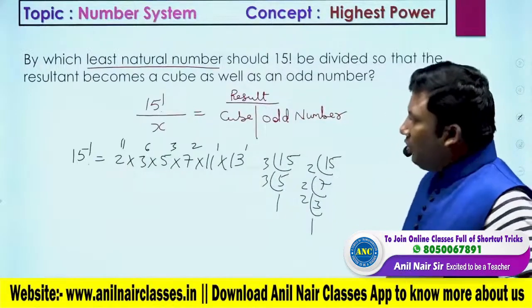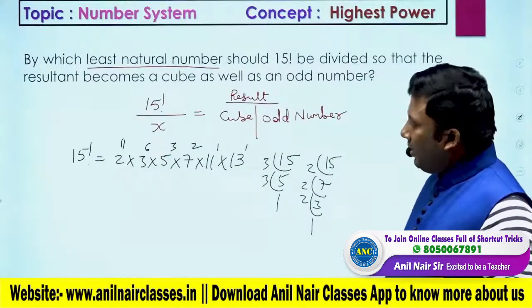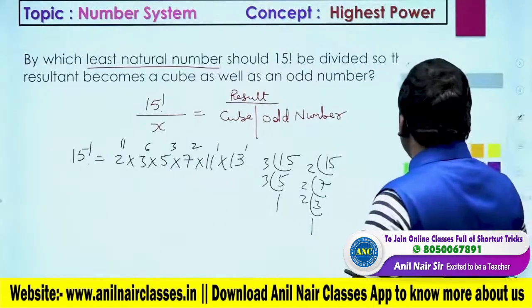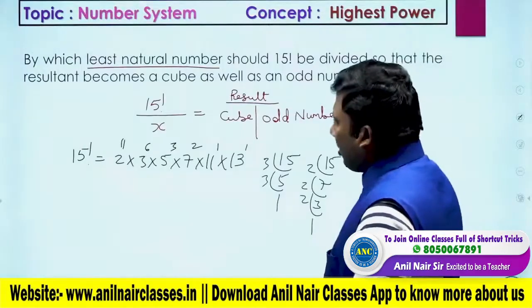15 factorial should be divided by such a number such that it is a cube as well as an odd number.